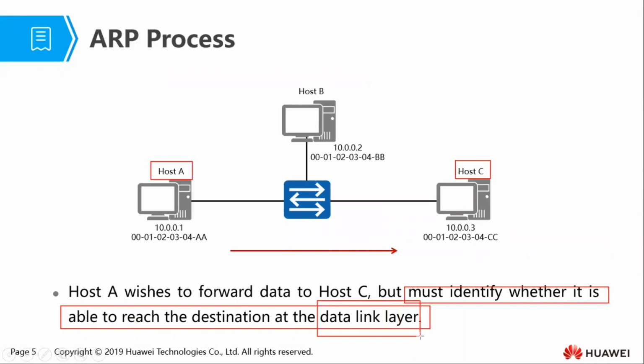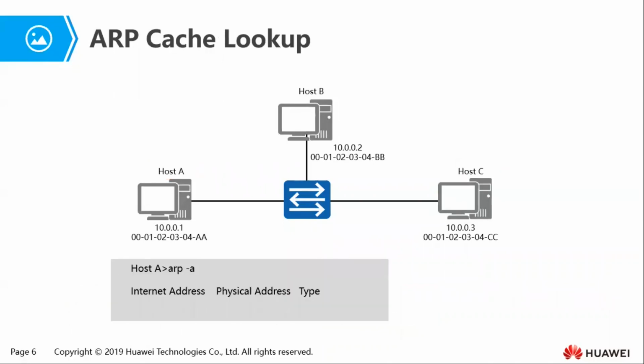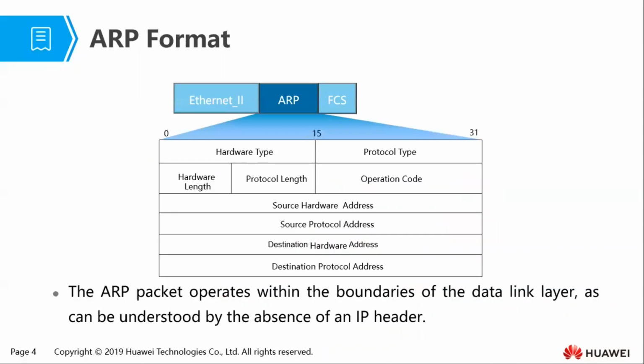That is, whether it is aware of the MAC address of host C. It cannot begin to encapsulate the data until it's sure that, hey, I have the MAC address of host C. So in case it does not have it, now this is the first step, okay.